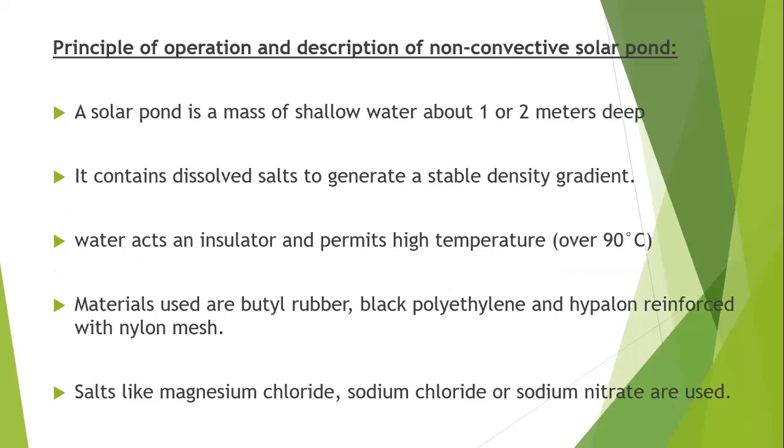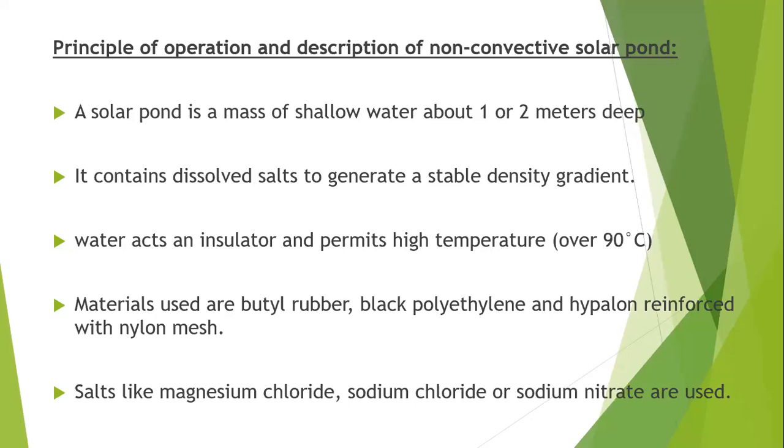This is the principle of operation and description of the non-convective solar pond. A solar pond is a mass of shallow water of about 1 to 2 meters depth only, with a large collection area, so it acts as a heat trap.